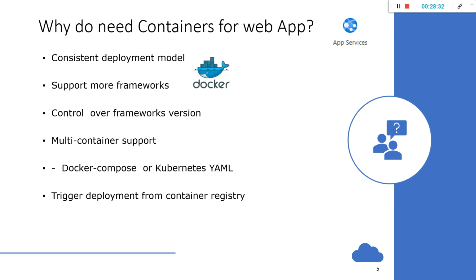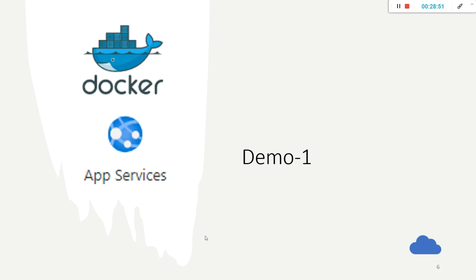Whenever a container is pushed to the container registry, whoever is subscribed to that container repository will be notified, and the new image will be pulled from the container registry. We will see in the demo. We'll go for the demo.